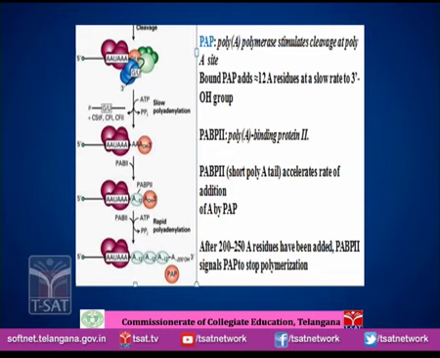We should remember: first one is CSTF, second is CPSF, third is PAP. So this is called polyadenylation, or the tailing mechanism.